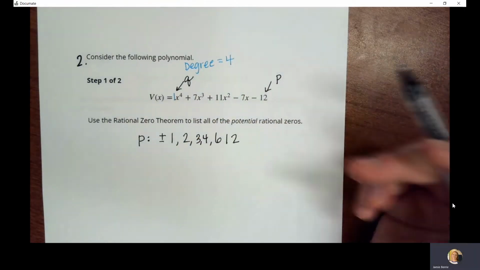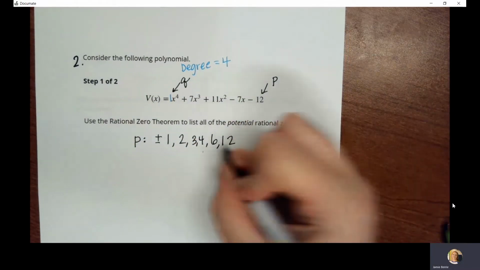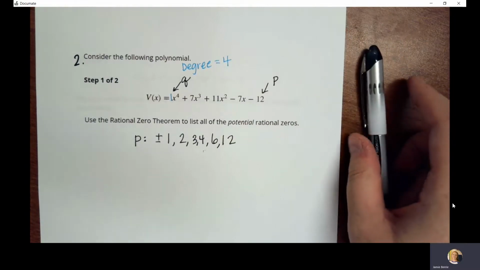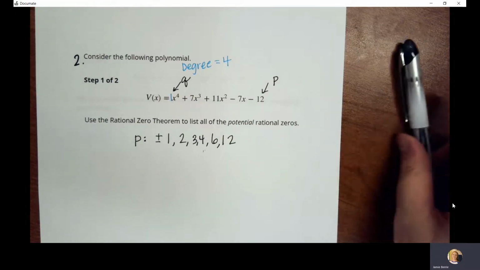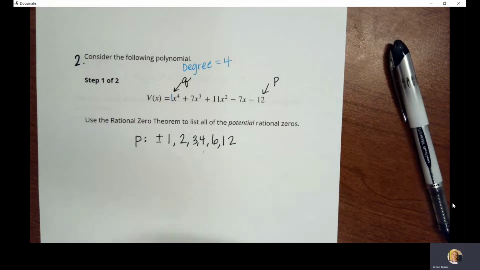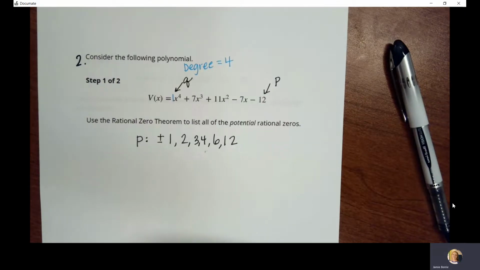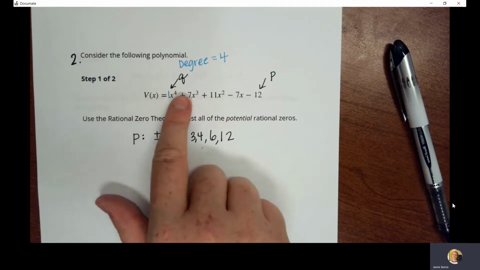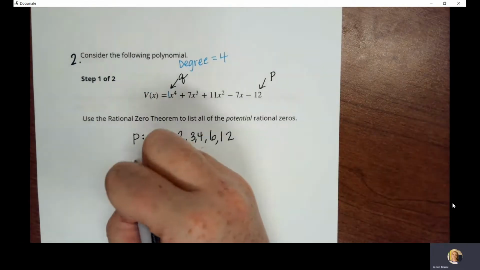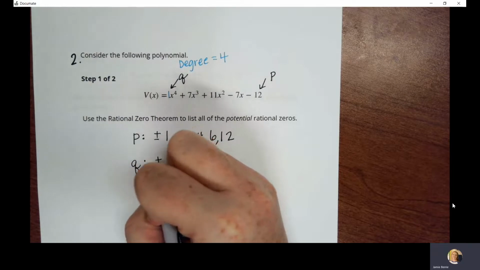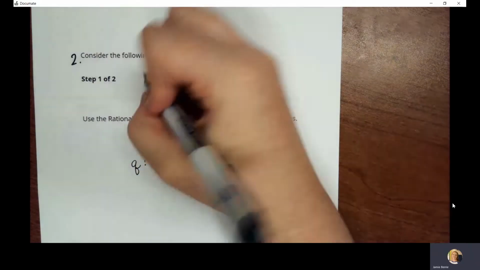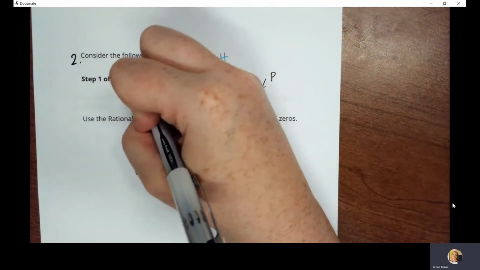I listed them in order. You don't have to. It's okay if you list them out of order. Doesn't matter to me. So it's okay if you didn't list them in order like I did. All right, what are some things that multiply to give you 1? Just 1 and 1, right? So plus or minus 1, because you could do 1 times 1 or negative 1 times negative 1.